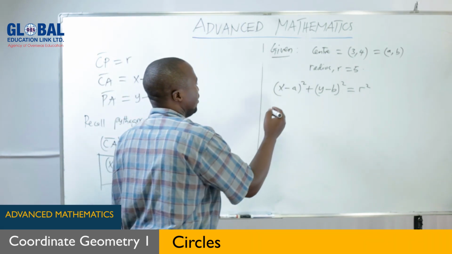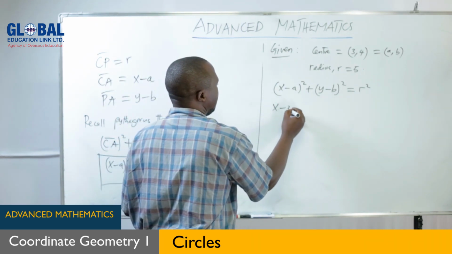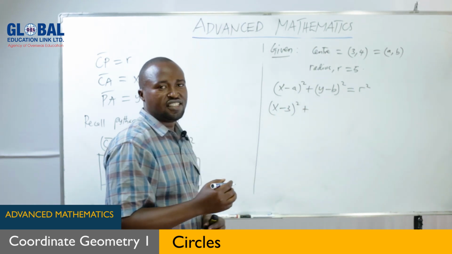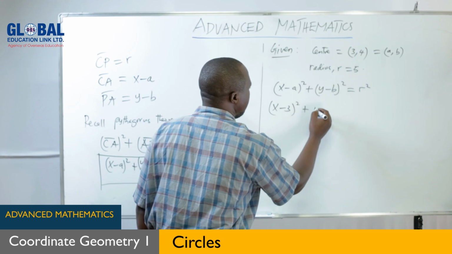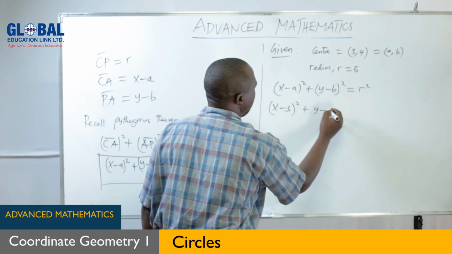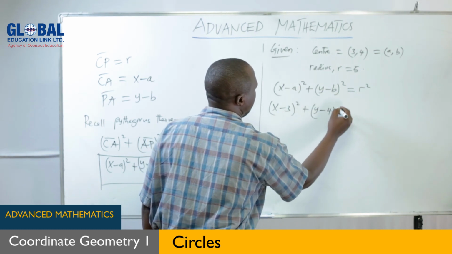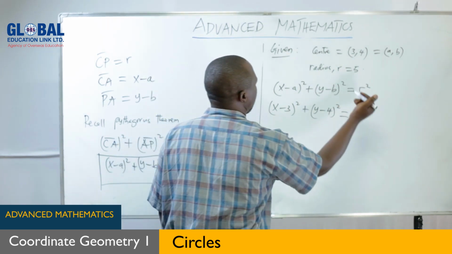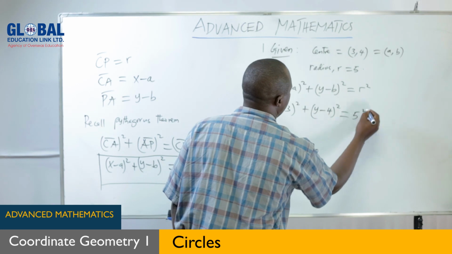So we have (x minus 3) squared plus (y minus 4) squared is equal to r squared, which is 5 squared.